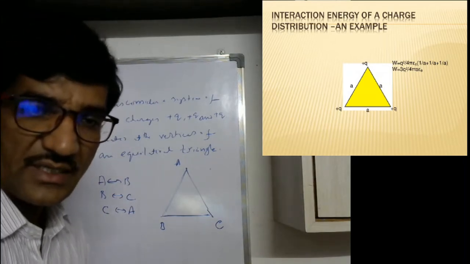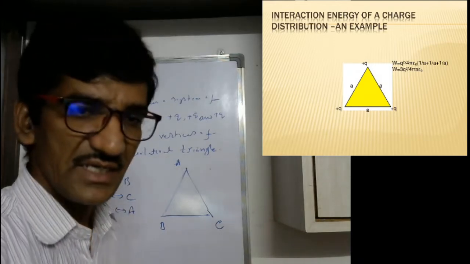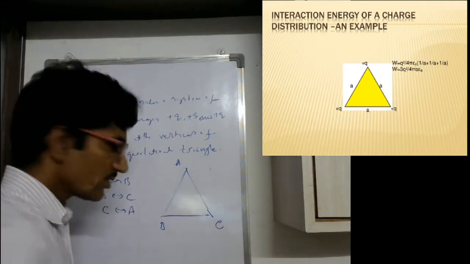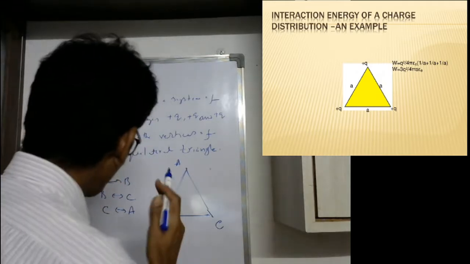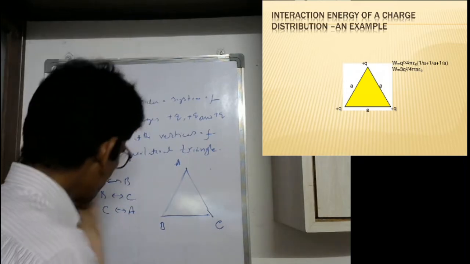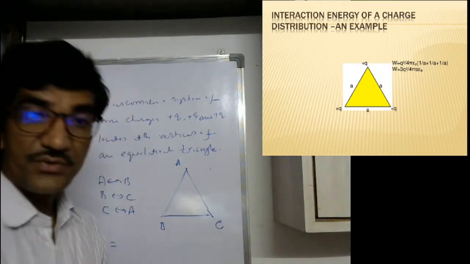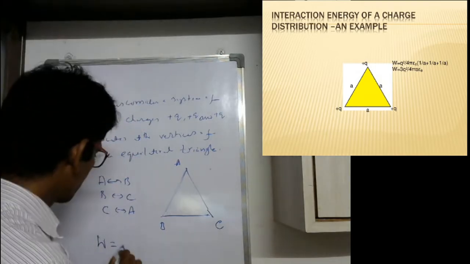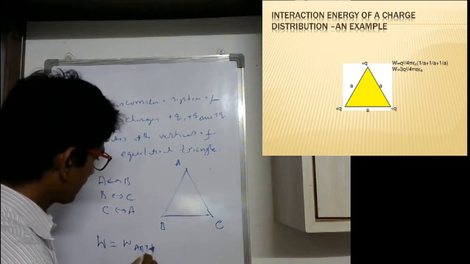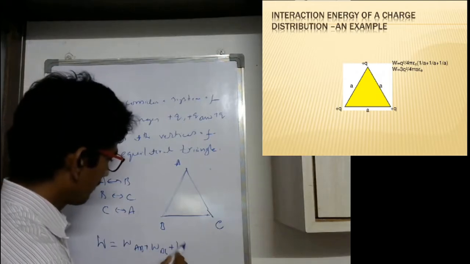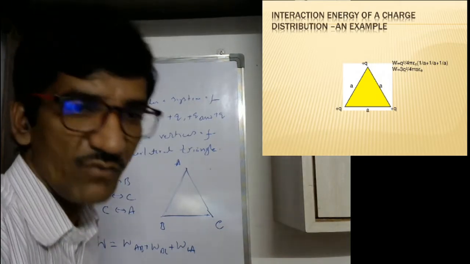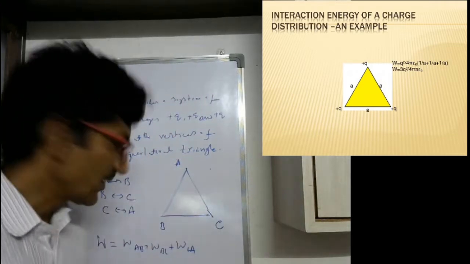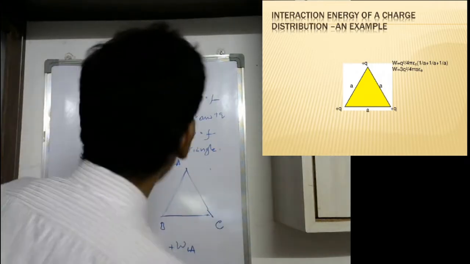Now the total interaction energy of the system is the sum of these three interaction energies. If the total interaction energy is W, you have to sum up these three interaction energies, that means WAB plus WBC plus WCA. Here you know the formula for the interaction energy between two charges.